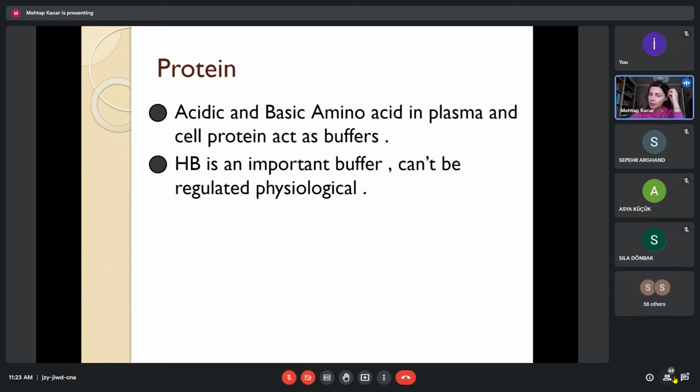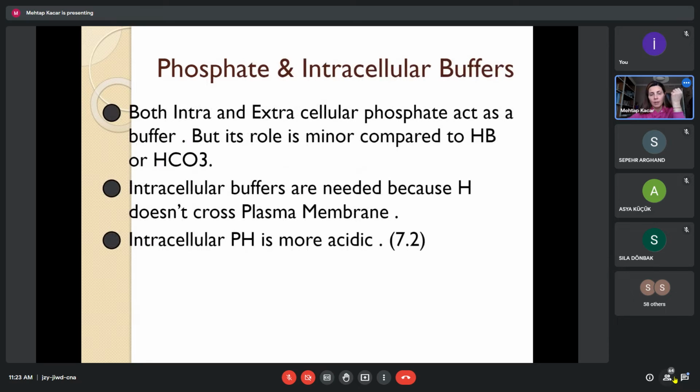Hemoglobin is an important buffer system, but it cannot be regulated physiologically. Acidic and basic amino acids in plasma and cell protein act as buffer systems, and they are so important. Intravascular and extracellular phosphate systems work as buffer systems, but their role is minor compared to the hemoglobin buffer system and bicarbonate buffer system.